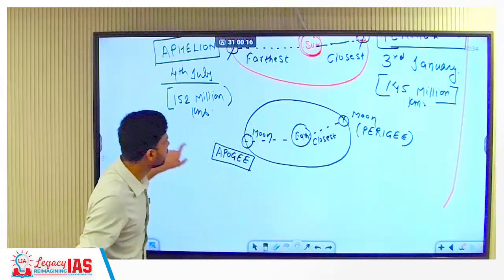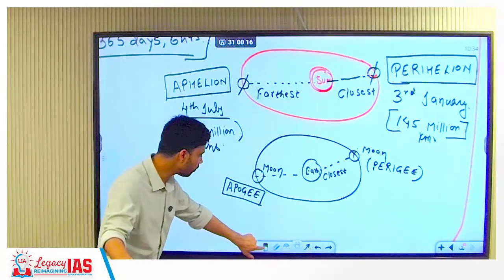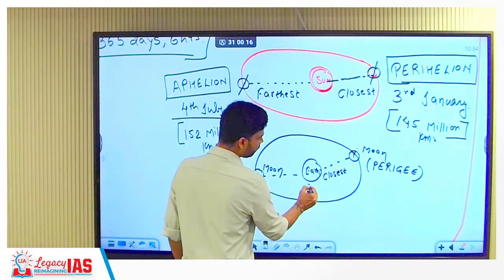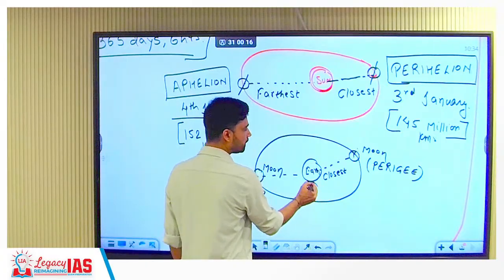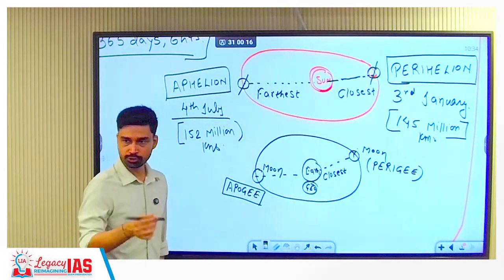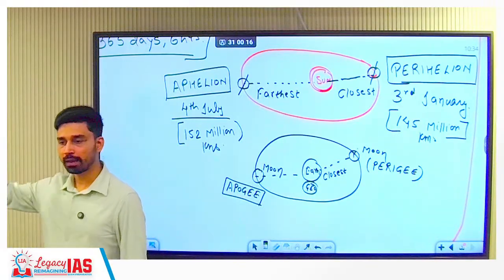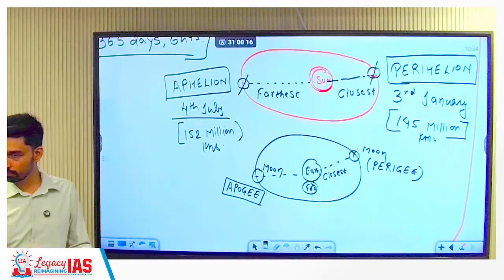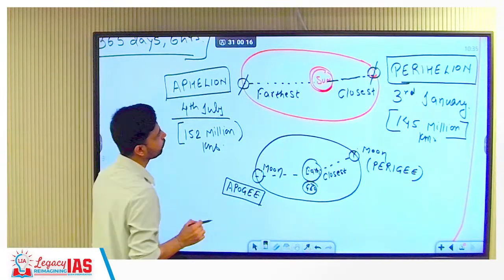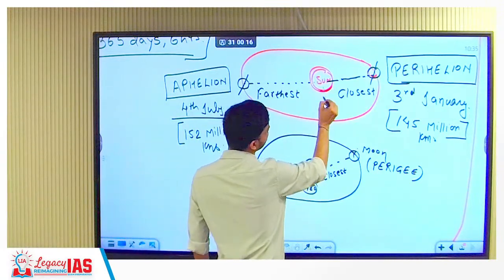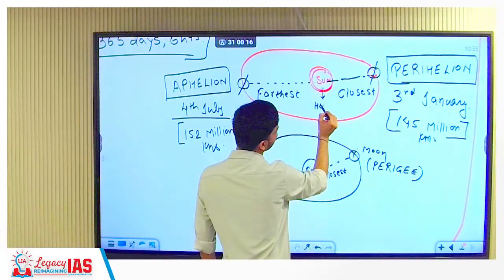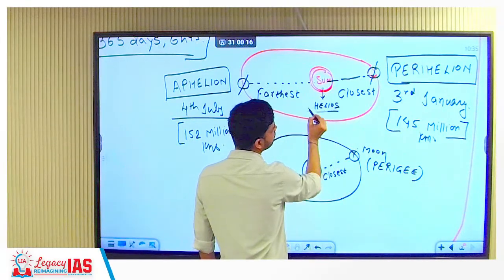Apogee, perigee here. Easier to remember because why are we calling it G? G comes from where? Geo. What is at the center here? Earth. Geo. That's why perigee, peri to G, that means near to the G. And then you have apogee, that means on the farther extreme of the Geo, that is Earth. Why are we calling it helion? Because the Greek term for the Sun is what?